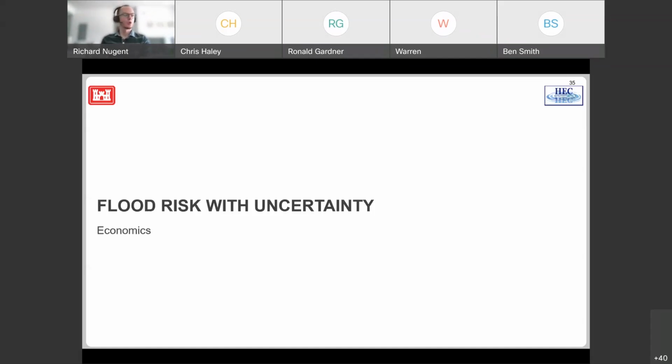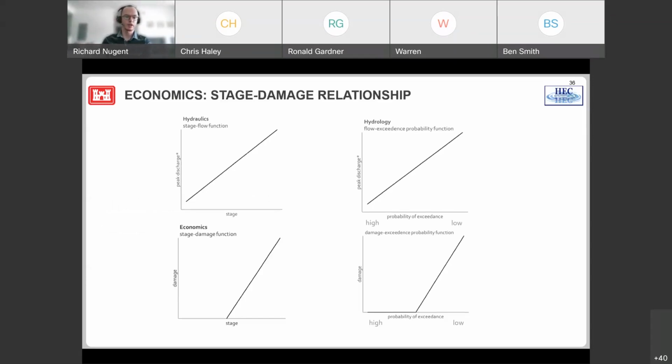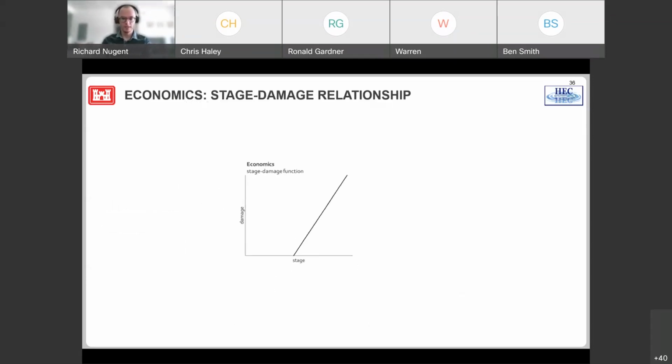All right, so the last piece we need to put together is the economic data so that we can get a representation of vulnerability, a representation of exposure, and a representation of consequences. This all comes from economics and is summarized in the stage damage function.